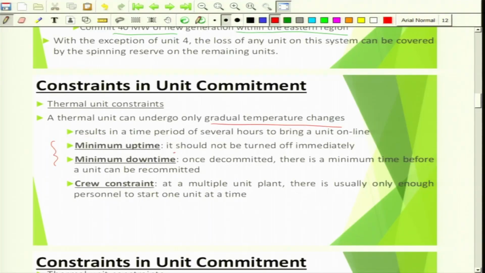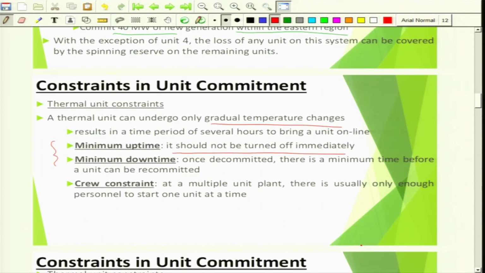But after some time the load may come up again, and if you switch off this generator, you also need time to switch it on. So considering all this, you should see what the minimum uptime should be before it can be turned off.